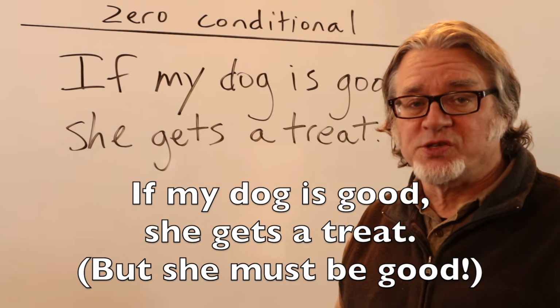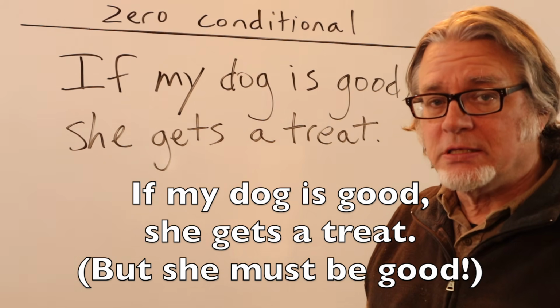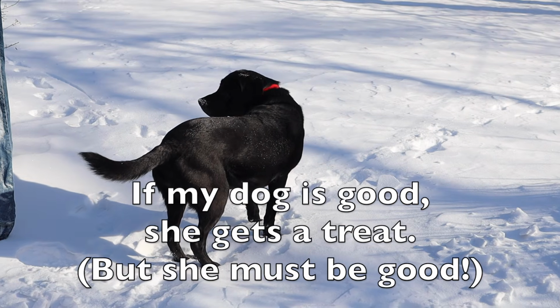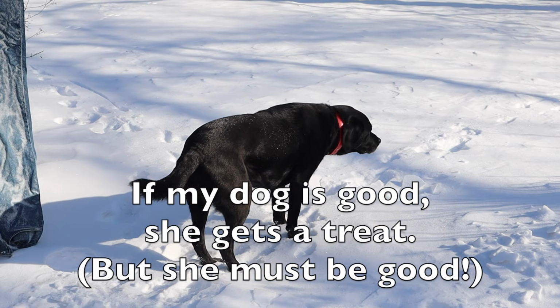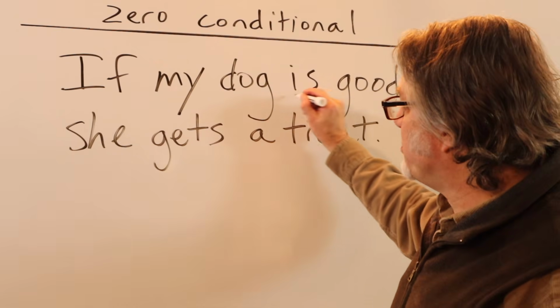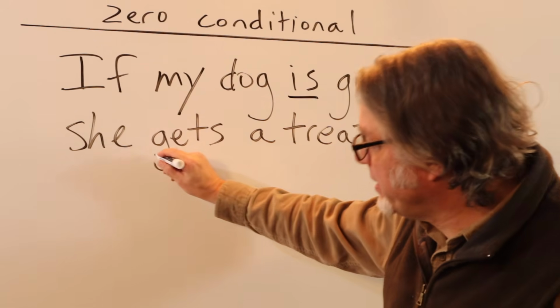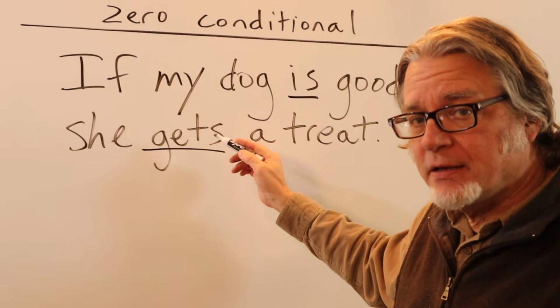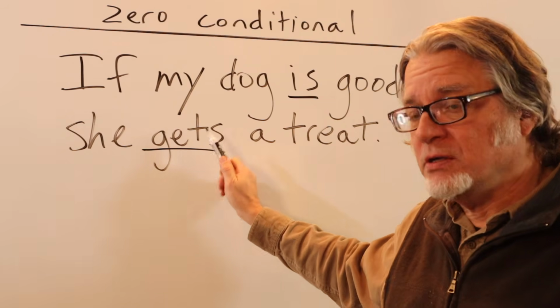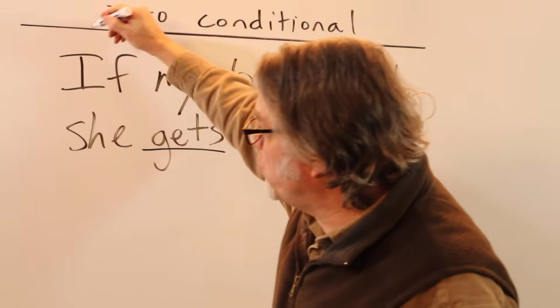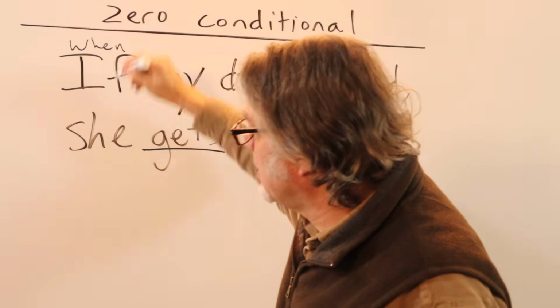If my dog is good, she gets a treat. Here's the present tense, and here's the present tense. This usually happens when my dog is good. I could replace if with when.